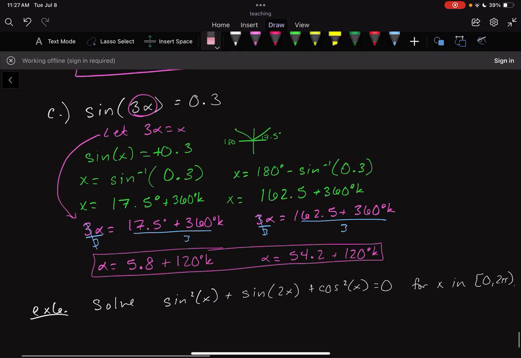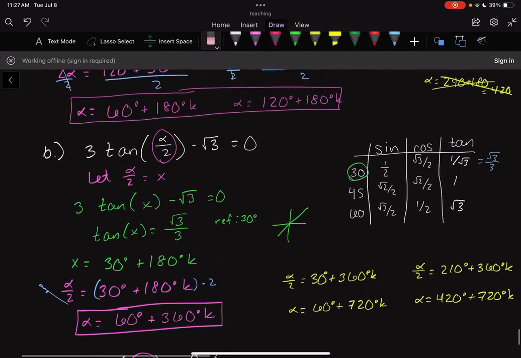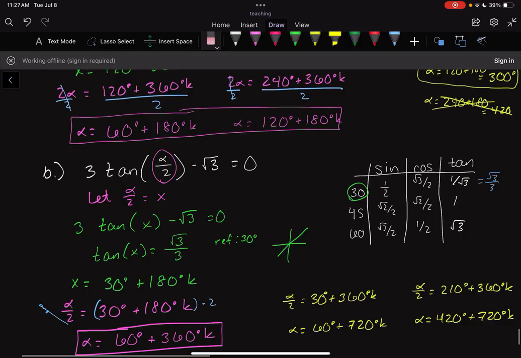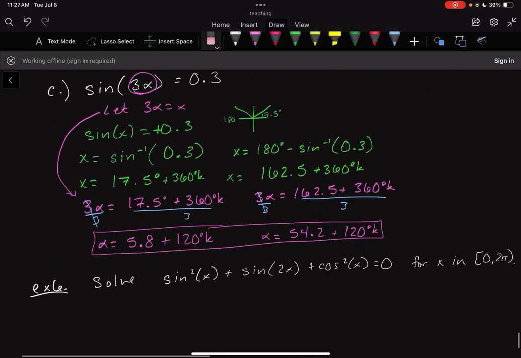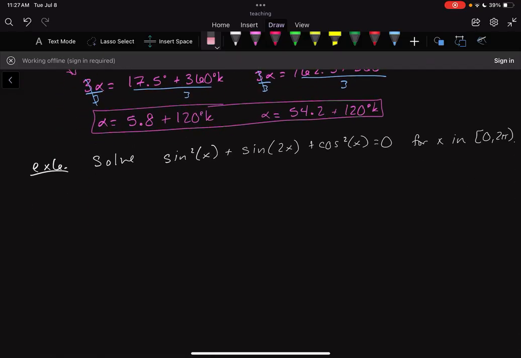So in all the problems we've done up to this point, it's just been one trig function. Maybe it has a weird parentheses, but it's one trig function. You should not be using any kind of identity for that. This one, we will need one, because I'm seeing multiple trig functions.